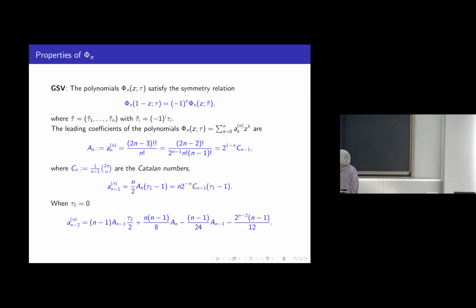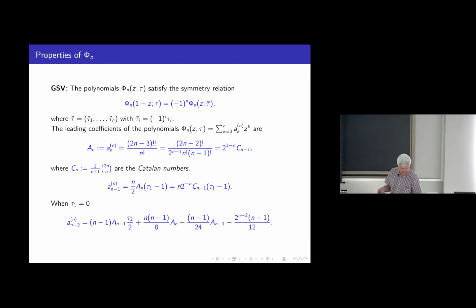It's not quite, because tau we have to change to tau tilde, and tau tilde means that the odd times should change sign, right? So in the future, all our odd times will be 0, and therefore we will have symmetry. This is the symmetry of Bernoulli polynomials, right?